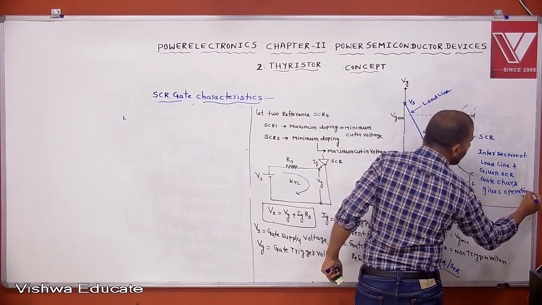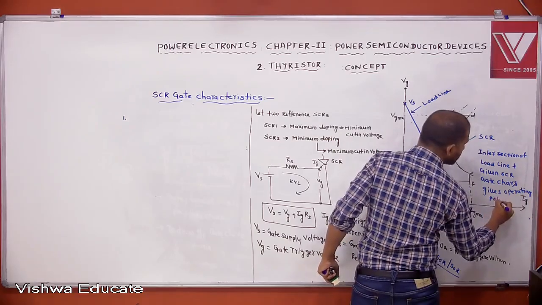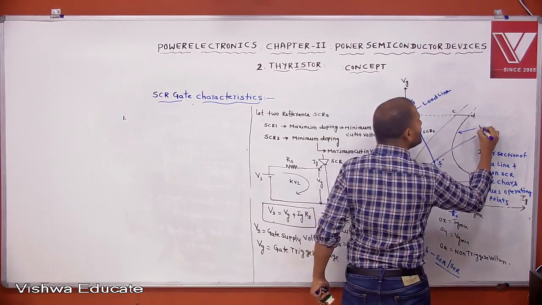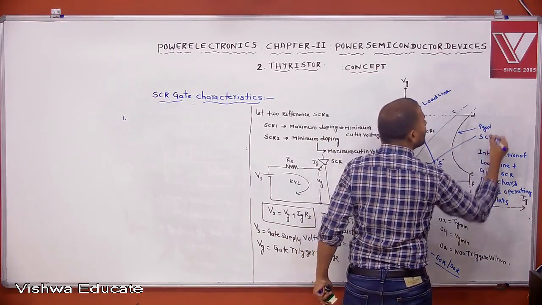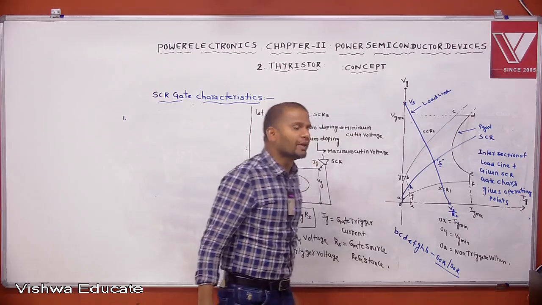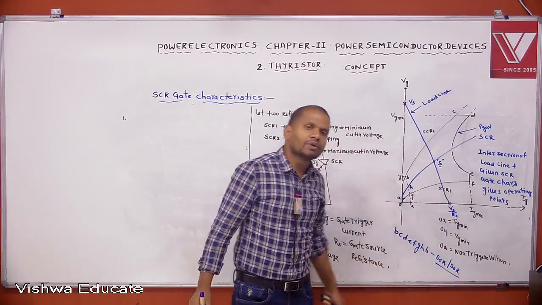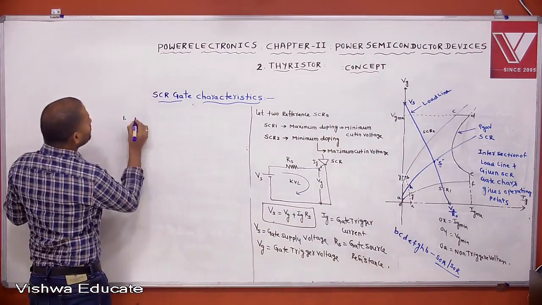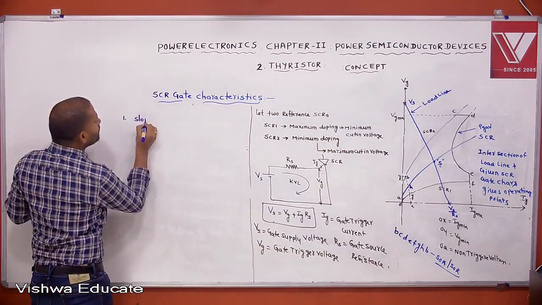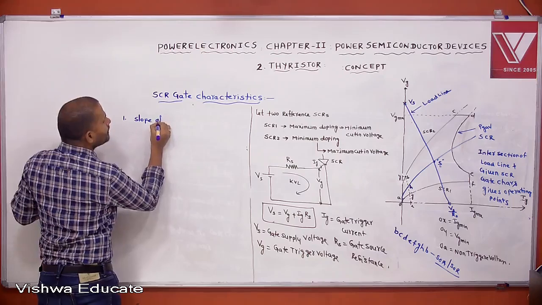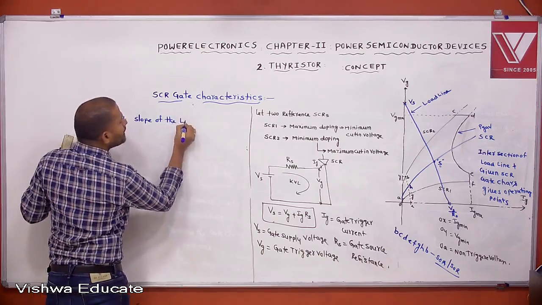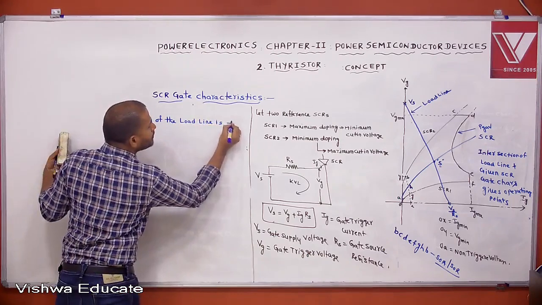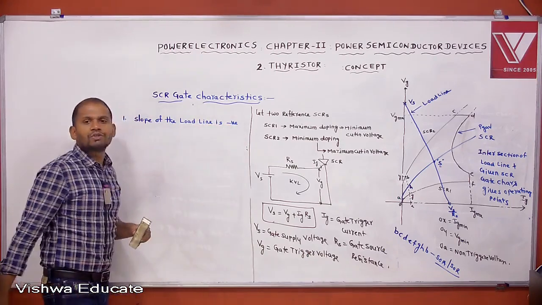This curve is called the PGAV curve, the average gate power dissipation curve. This is the safe operating area curve. The slope of the load line is negative because it is a falling slope.